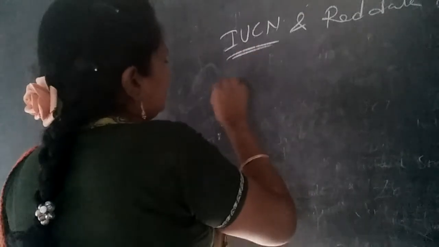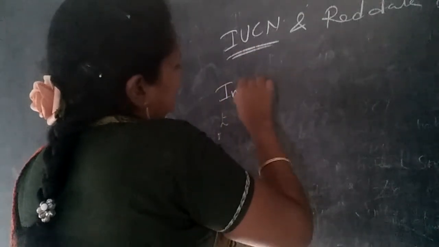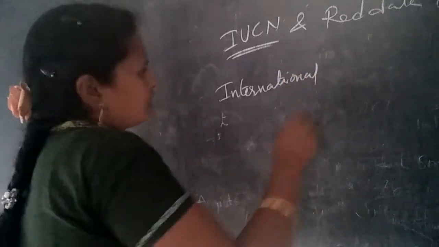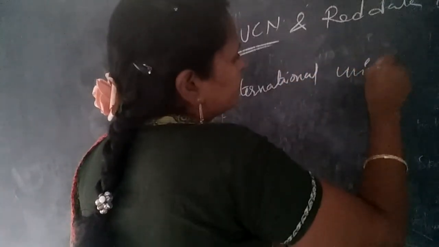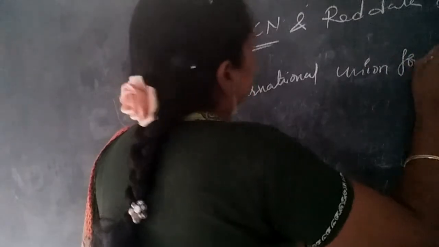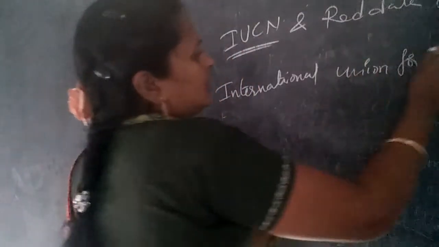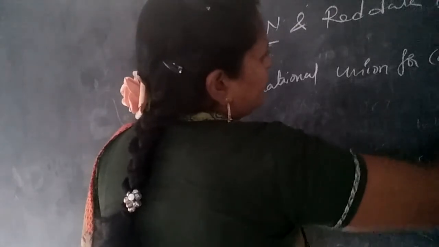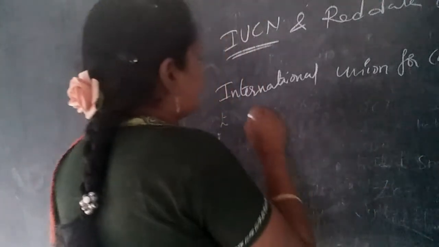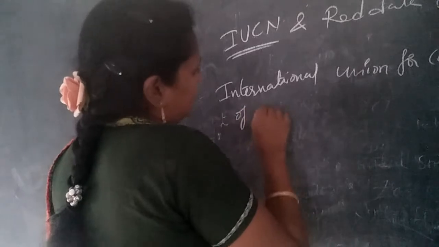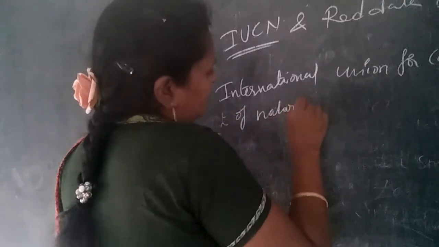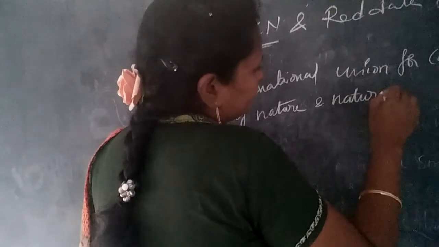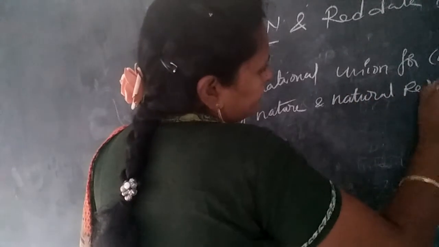IUCN is the International Union for Conservation of Nature and Natural Resources.